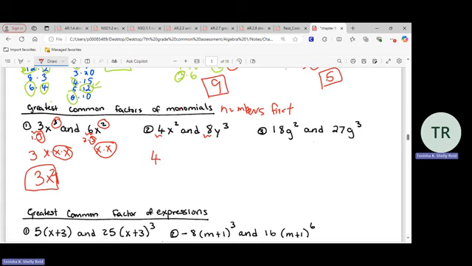This one has 2 x's, and this one has 3 y's. Well, if this has x and this one has y, they can't give any of them, right? Because they're not the same. So the greatest common factor is just 4. Go ahead and try number 3.